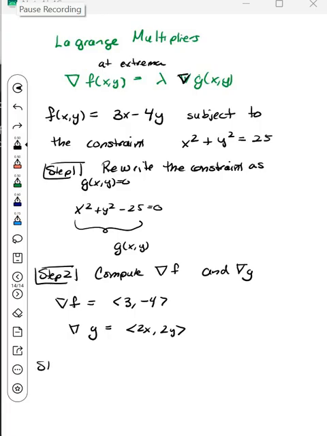Step 3 is to set up your Lagrange equation. So you start with this.